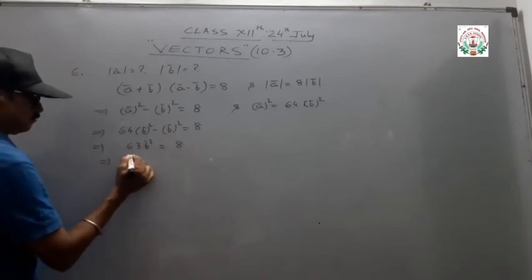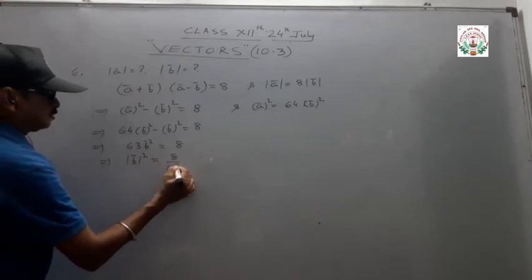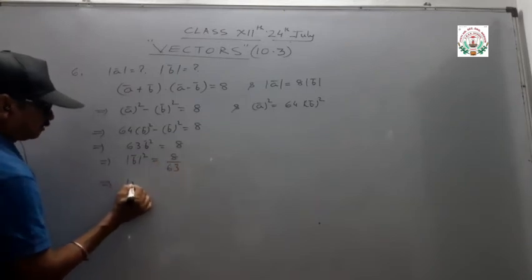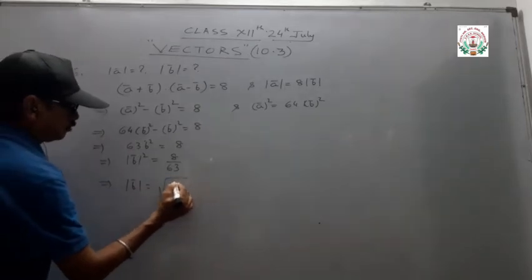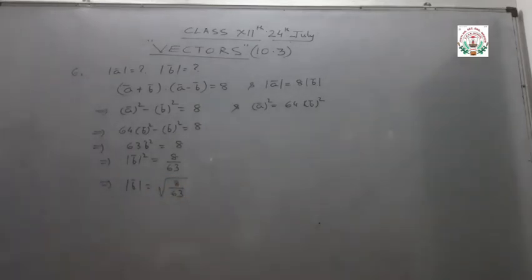That is, vector B square is 8 upon 63. So the modulus of vector B will be equal to the square root of 8 upon 63, as the modulus value is always positive, so we will take only the positive value.